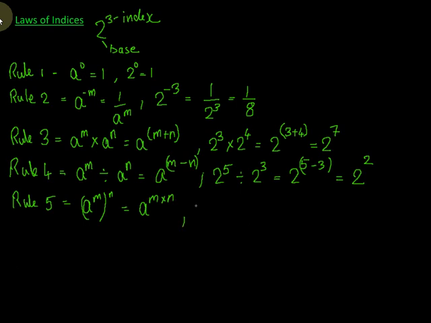Can check this with an example. That is 2 to the power of 2, brackets 3. I can write this as 2 to the power of 2 times 3, which is equal to 2 to the power of 6.